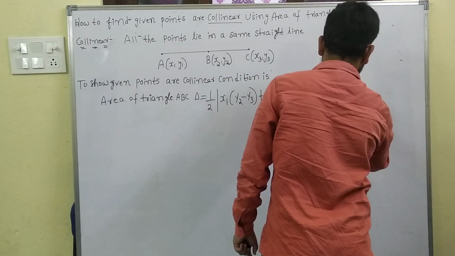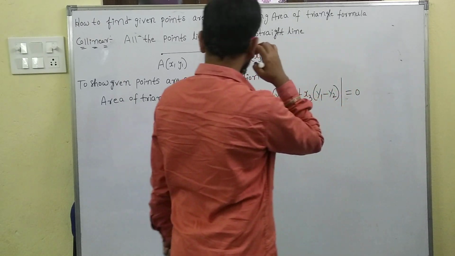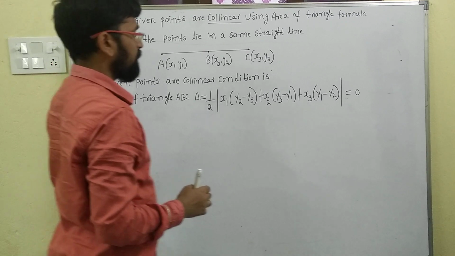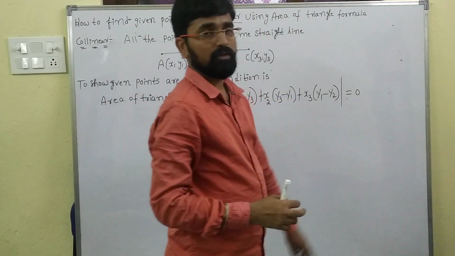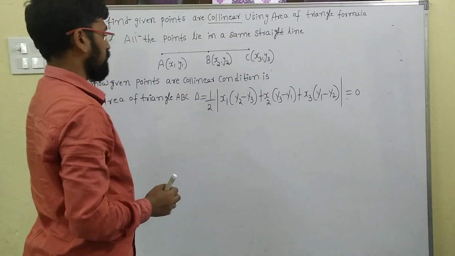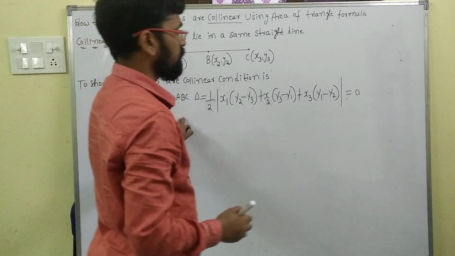This must be equal to 0. If the area of triangle is equal to 0, then the given points are collinear.